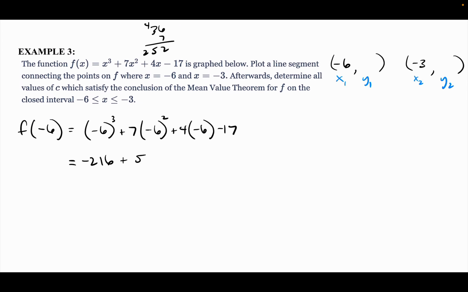So it's going to be positive 252 because it was a positive times a positive. -24 minus 17. So -216 plus 252, 36. -24 minus 17. 12 minus 17, -5.